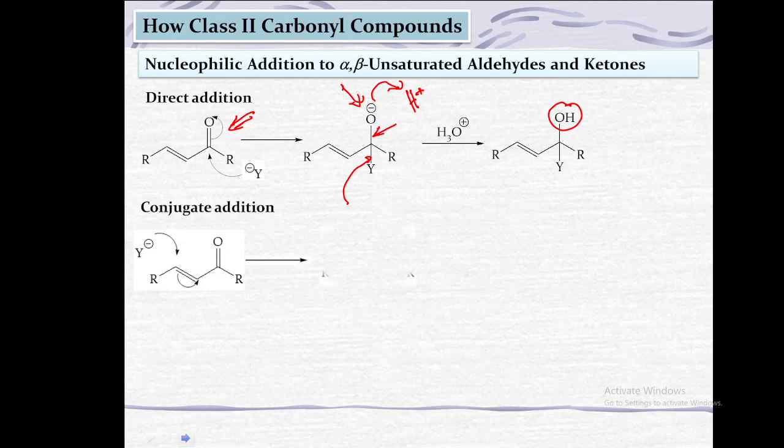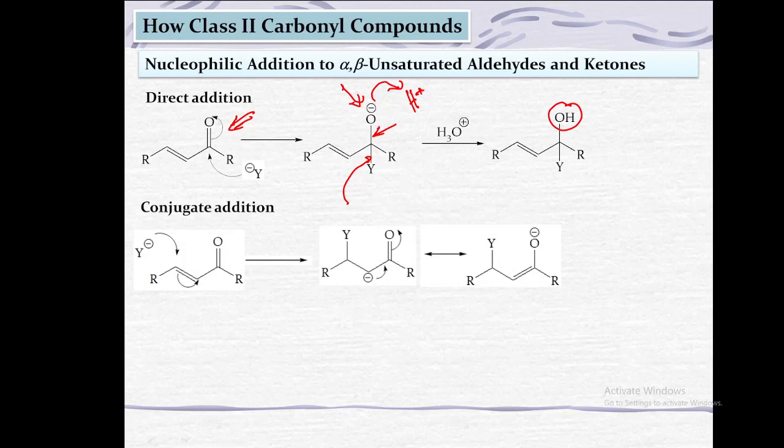We have, of course, a new bond here, a new bond between the nucleophile and the carbon at the beta. Of course, then we have electrons moving at the alpha position. But then because oxygen is electronegative, it will be pulling those electrons at the alpha position towards itself. Then we have a charged oxygen as shown here.